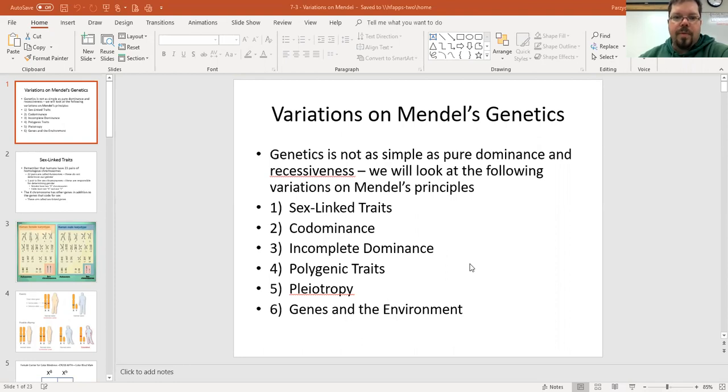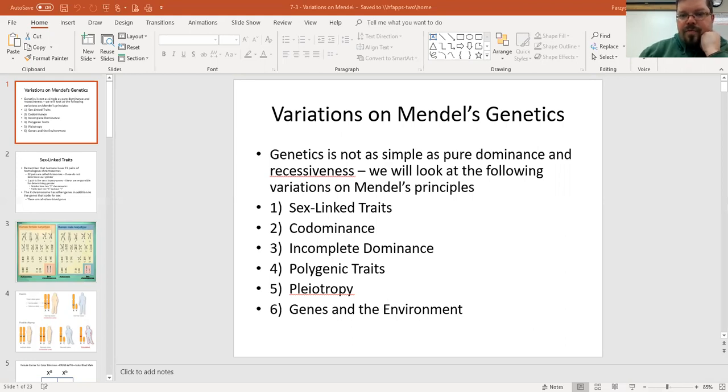So here we go. We're going to talk a little bit about some variations on Mendel today. Basic Mendelian genetics, like we've been talking about, was this idea of simple dominance versus recessiveness in terms of the alleles that were passed along from parent to offspring.